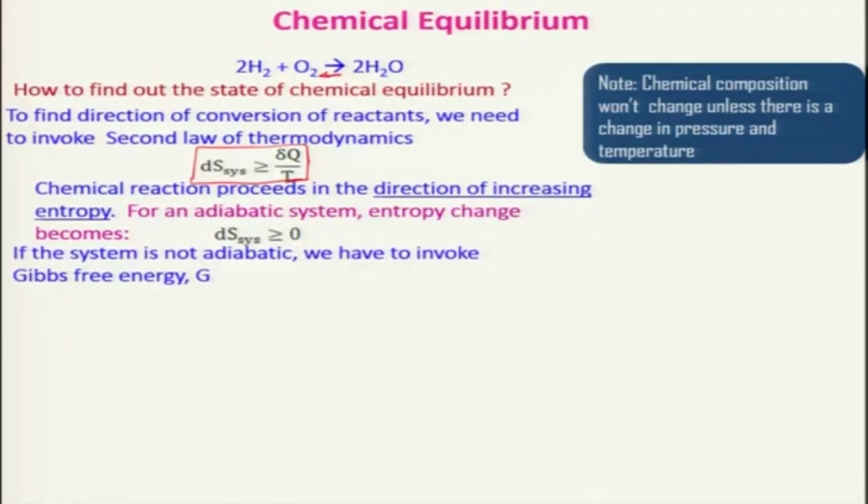But if the system is not adiabatic, like the case of combustion taking place, we have to invoke the Gibbs free energy G, because entropy won't work. We know by definition G is equal to H minus TS, and dG is equal to dH minus TdS minus SdT. I am just differentiating the above equation, right, and H is equal to U plus PV, that we know by definition.